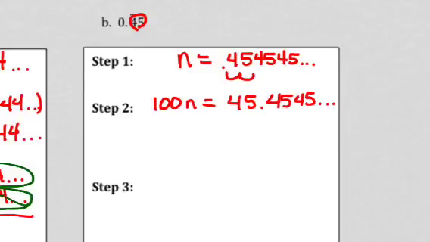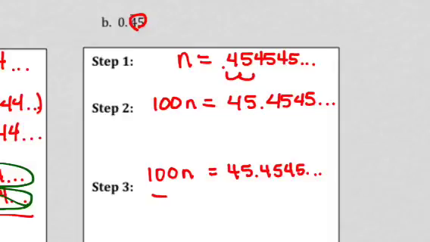Step 3 is to subtract from that result in step 2. 100n equals 45.45 repeating. Subtract the original, 1n, which is equal to 0.45 repeating.